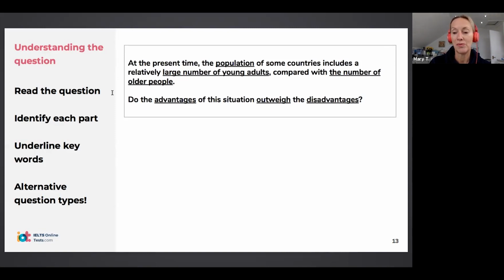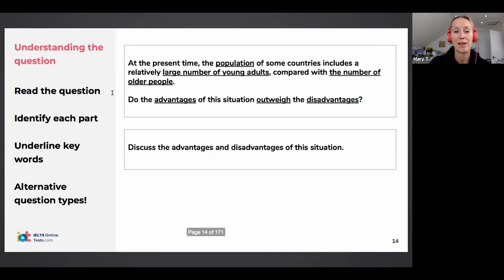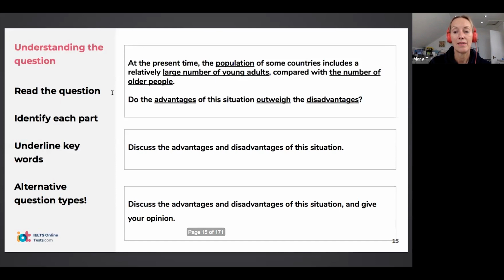As Jamie mentioned before, there are alternative question types. This is probably the most challenging. So the other question types are discuss the advantages and disadvantages of the situation. So that's quite straightforward. You're just discussing, as it says, talking about each one in turn. And the other one is doing the same thing, but you're also giving your opinion.